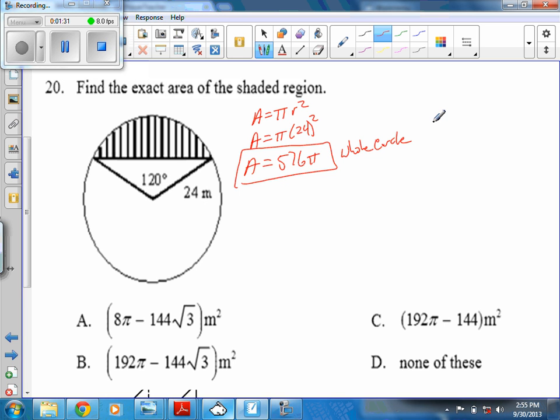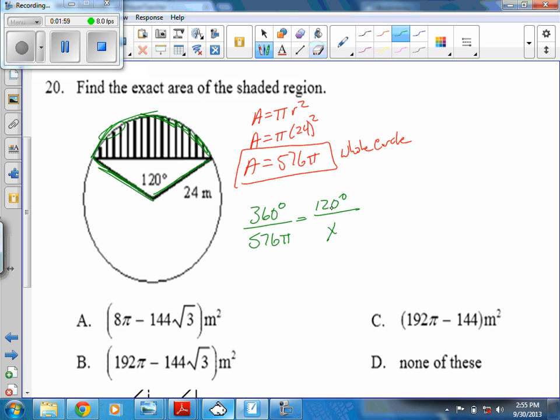Okay, so how about this? We set up a ratio to figure out the area of this sector, and by that I mean the sector in here. 360 degrees in a circle over 576 pi equals 120 degrees over x.